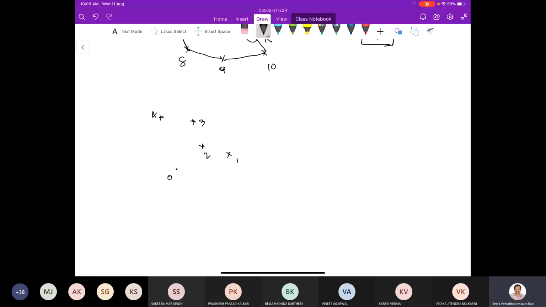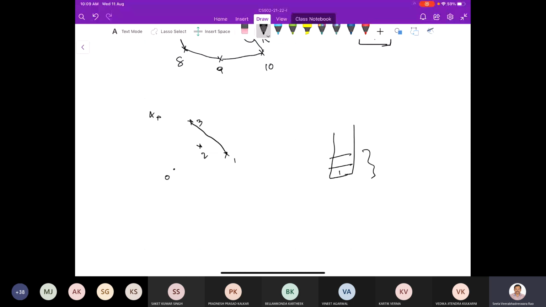We put 1 and 2 onto the stack and check whether 1, 2, 3 forms a left turn or not. This is a right turn, so 2 can't be part of the convex hull, and you remove it. Once you remove 2, you have only 1 point on the stack. We need 2 points to check whether the third point is part of the convex hull or not. But we have only 1 point on the stack, so we cannot proceed forward. That is the problem when the second point is not part of the convex hull.